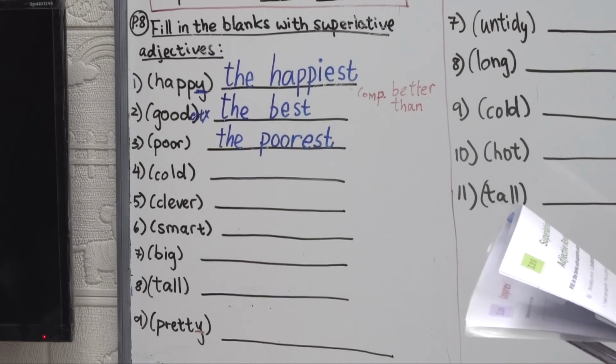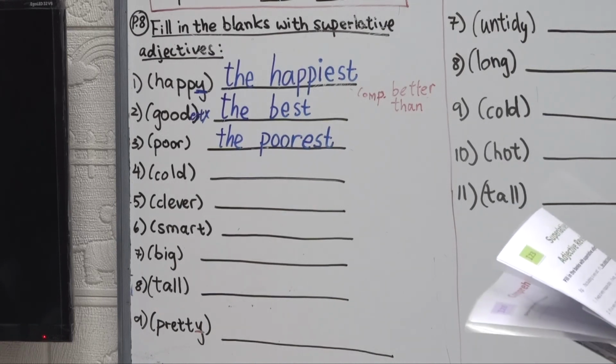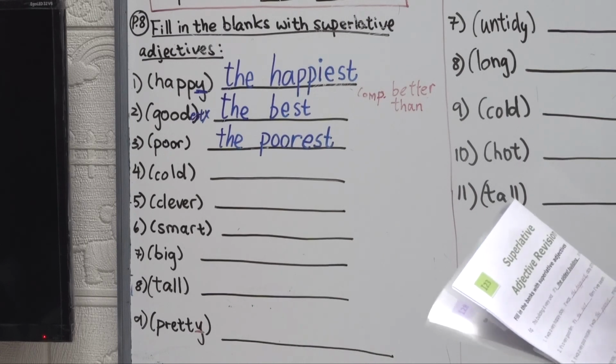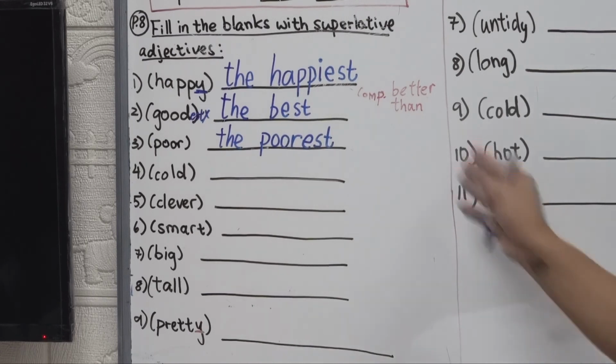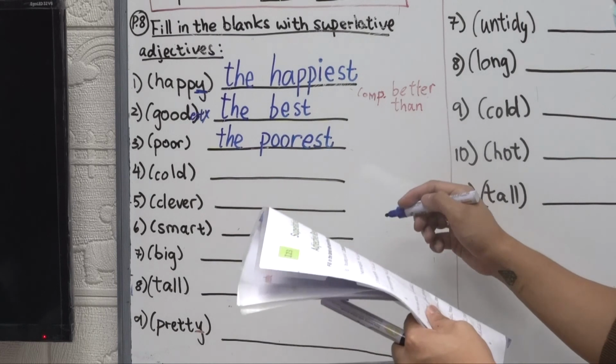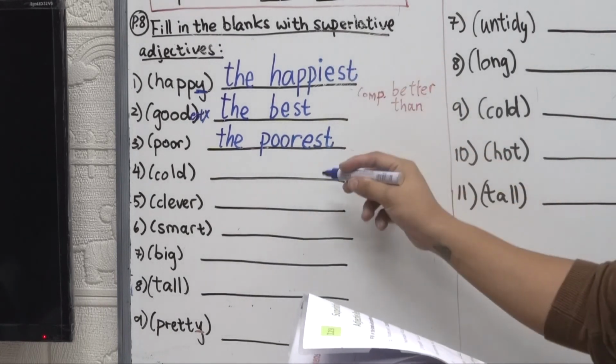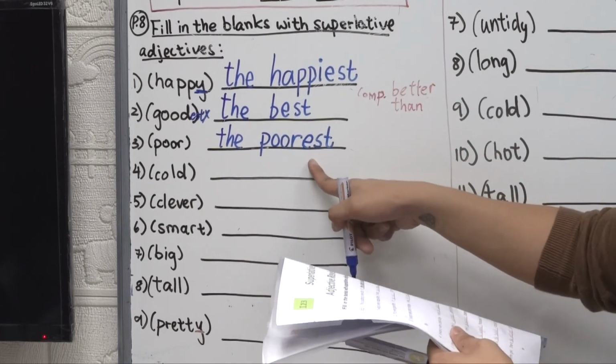Alright, number 4, it was a very cold day. It was blank day of the year. So out of all, okay? So mostly all of these are just talking about one thing, but let me try to elaborate on this one.